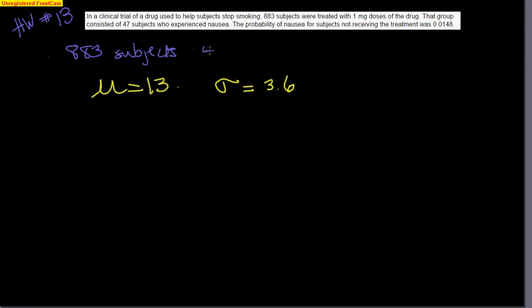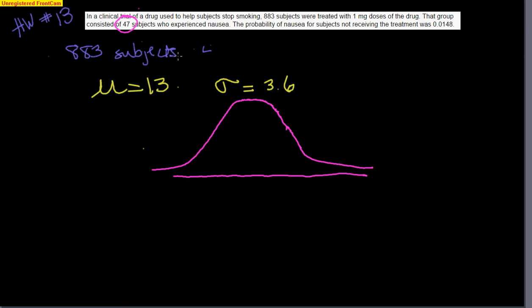All right. So what I'm going to do now is draw a normal distribution curve because we want to find out if this 47 up here is unusual. Okay, so just a quick normal distribution curve. In a normal distribution curve, we have our mean of 13 people with nausea.